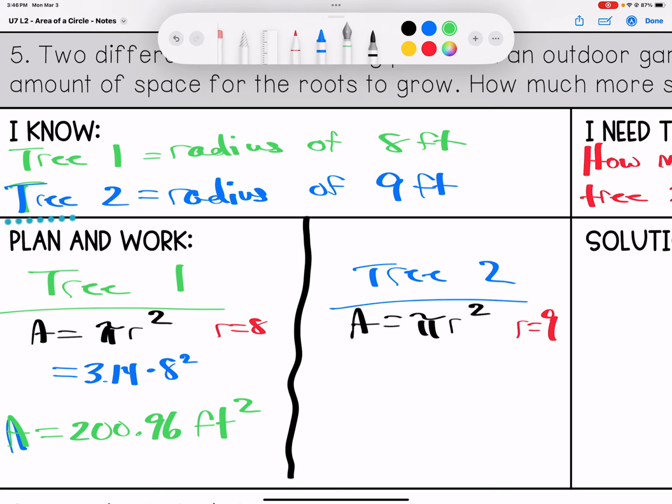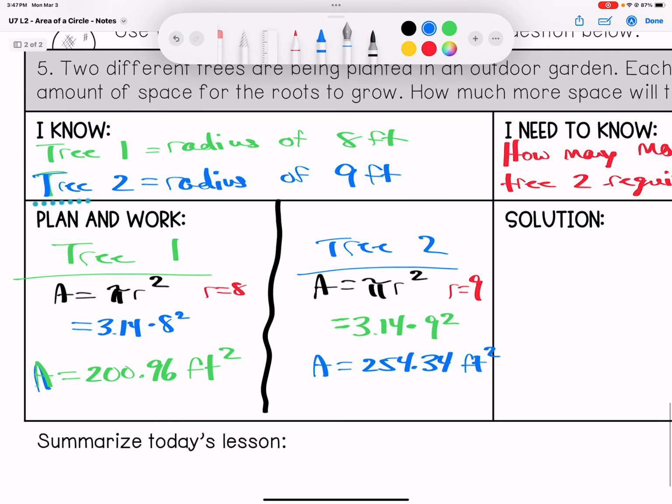Okay, so it's pi times 9 squared. So enter that in your calculator. And you're going to get area equals 254.34. And remember, we're talking about feet, so it's feet squared.